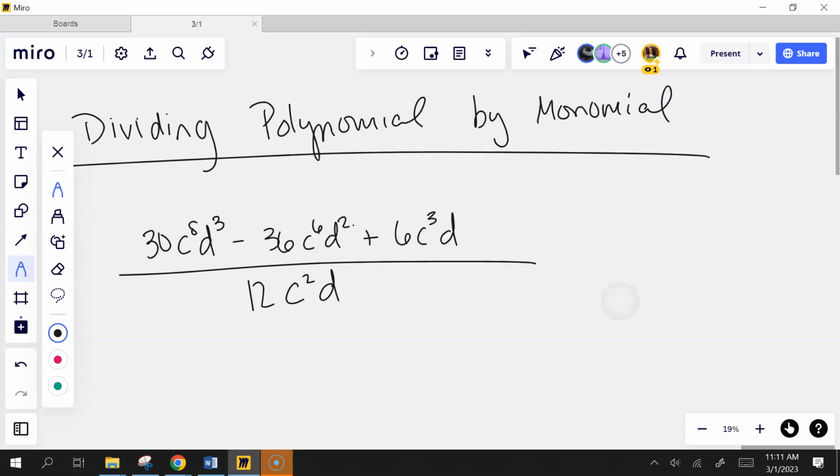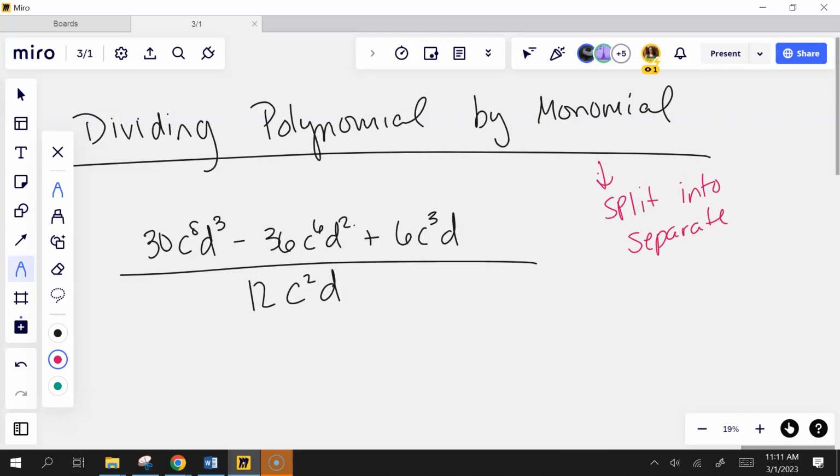So here's what we're going to do. And this only works when you're dividing by a monomial. In other words, there's no addition or subtraction in the bottom. I'm going to split this into separate fractions and simplify. Well, I'll have 3 different things that I'm adding together.